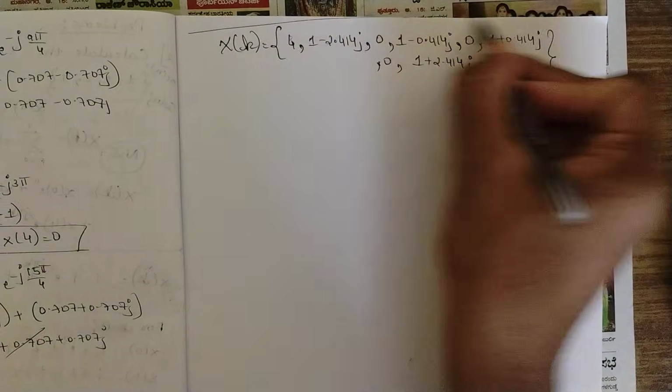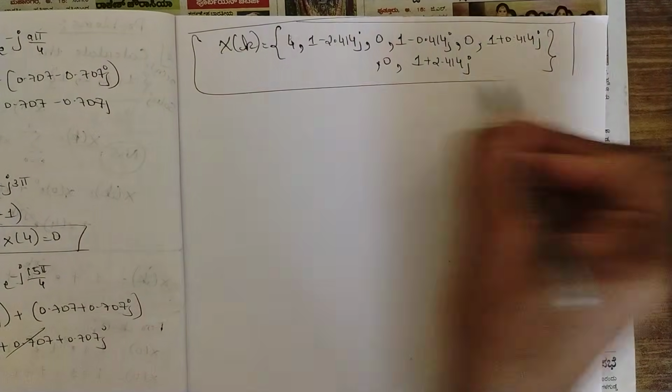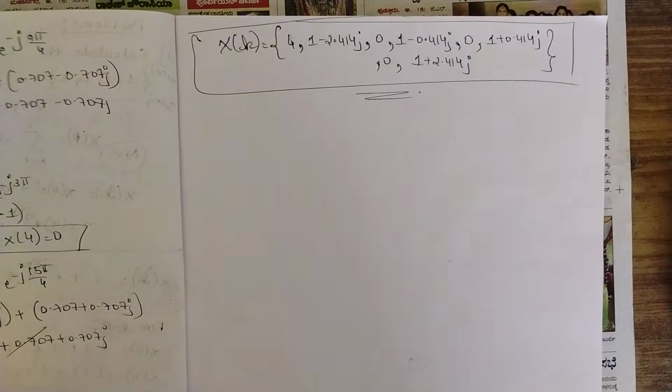Okay, so this is our final value of x of k, the DFT, for an 8-point sequence.